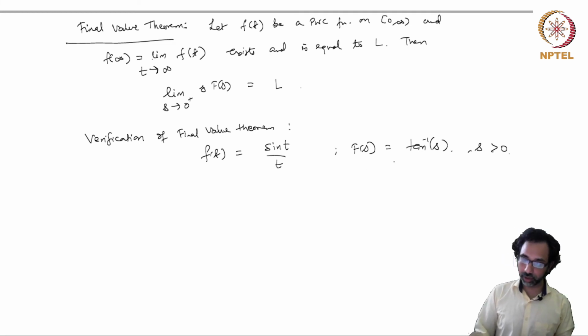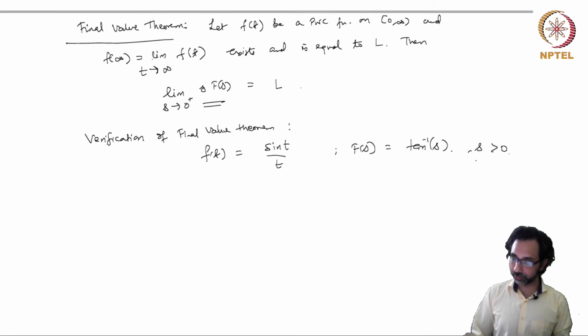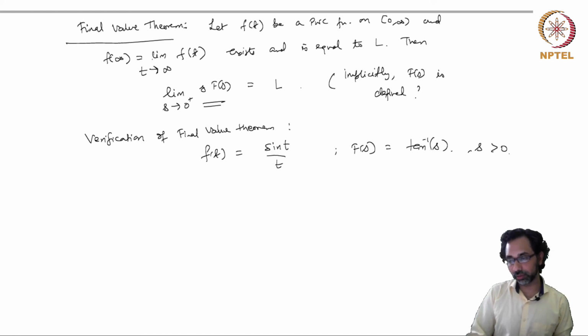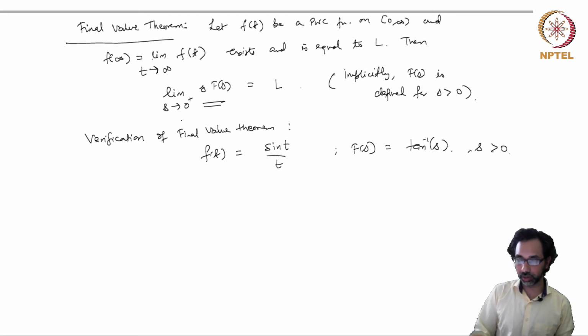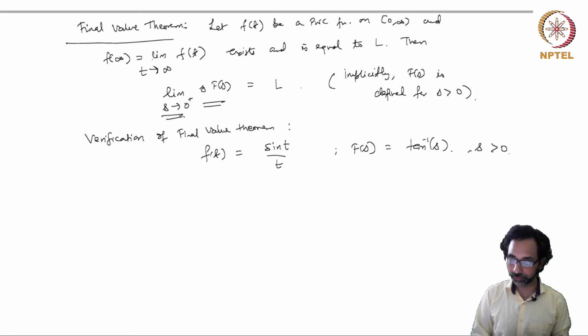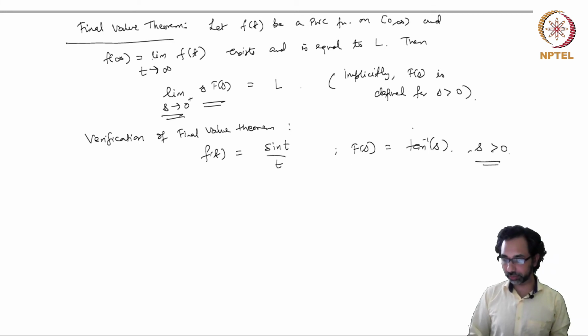So note here that in the final value theorem we must have F(s) implicitly defined for all s greater than 0, otherwise this limit as s tends to 0 plus doesn't make sense. So it's a necessary condition that the function should have a Laplace transform which is defined over all s greater than 0.